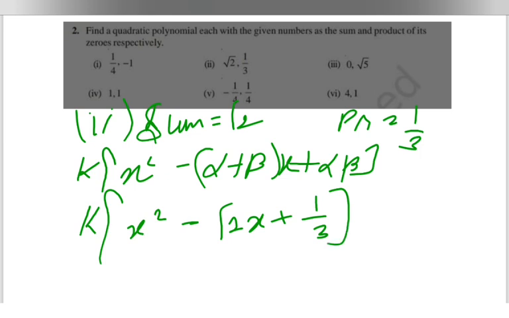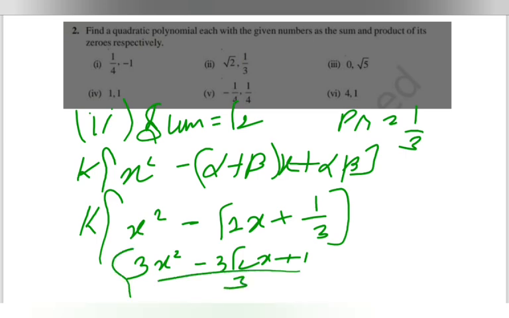So here the denominator is 3. We should not actually leave the denominator as it is. We should take the LCM and cancel the denominator. That is, if we take the LCM, we should multiply all the ax square and bx into 3. So 3x square minus 3 root 2 x plus 1 by 3 into k.